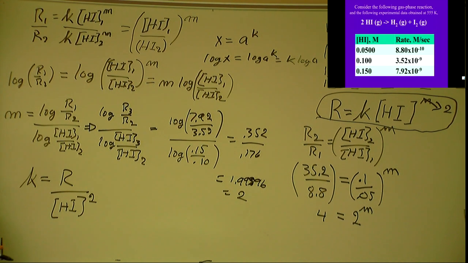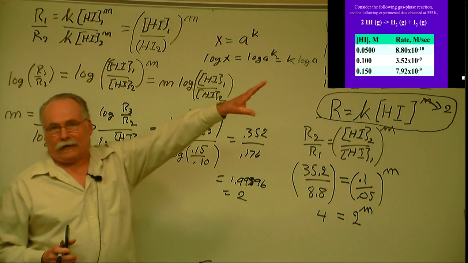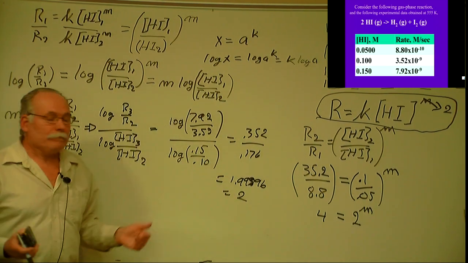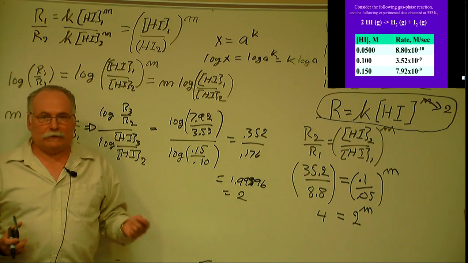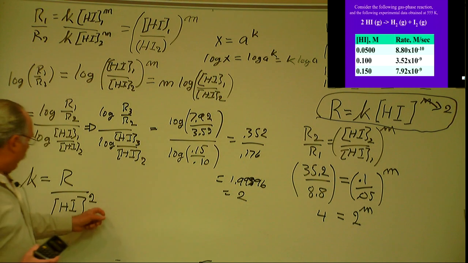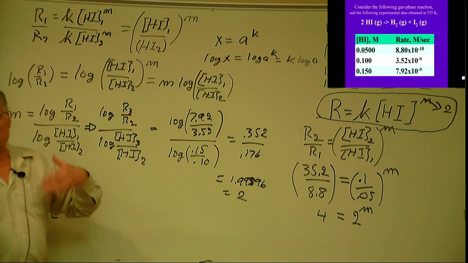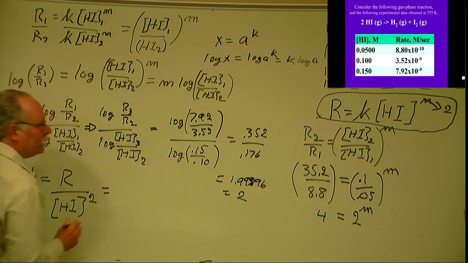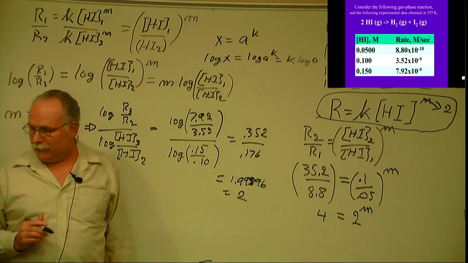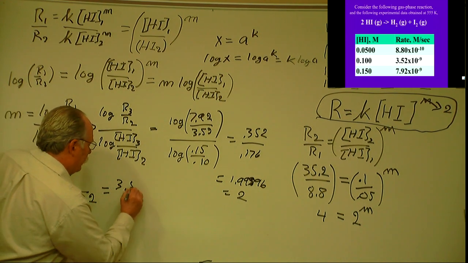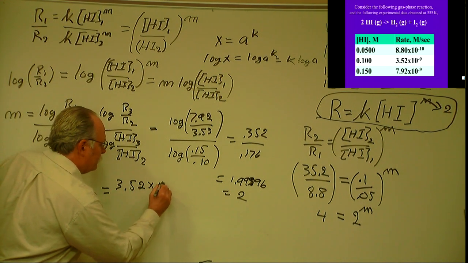Now, I could choose any of those data points. Why not choose a data point that the math is easy? If I look at experiment 2, I have 0.1 multiplying, so I have 0.1 squared. That's real easy math. So I can now say that this is equal to, and I take the data from experiment 2, which is 3.52 times 10 to the minus 9.